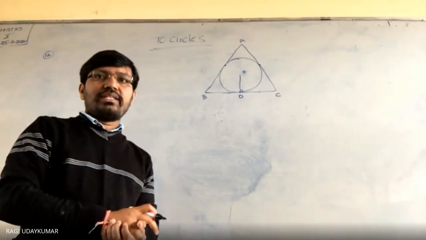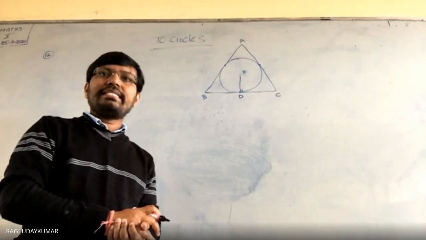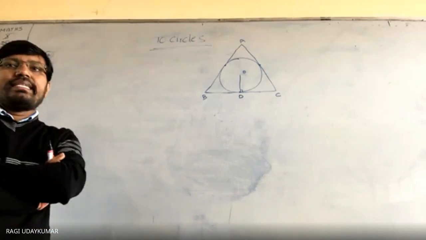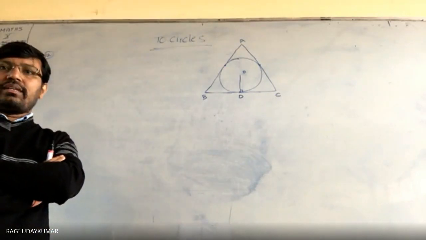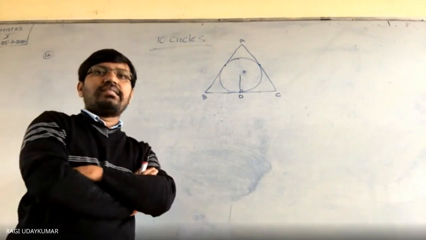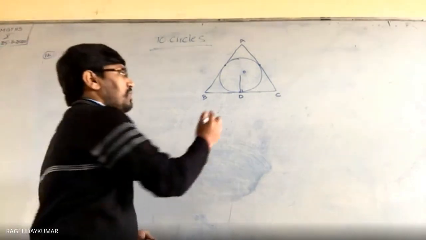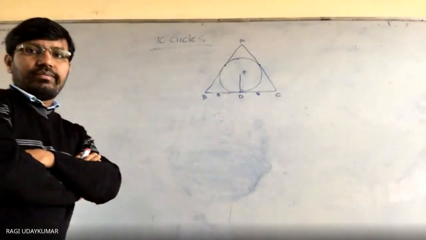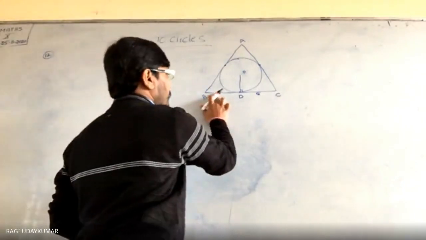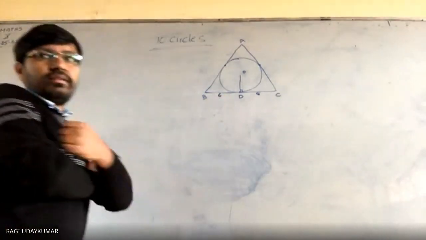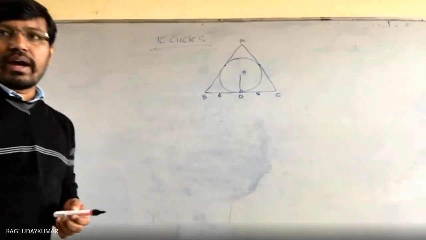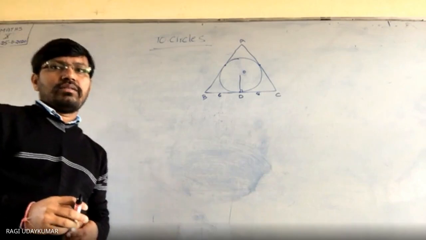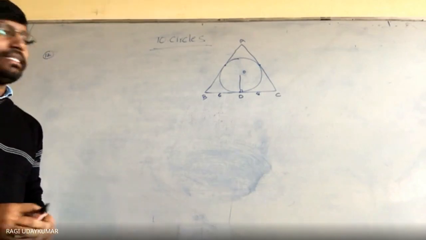And the question is such that the segments BD and DC, into which BC is divided by the point of contact D, are of lengths 8 centimeters and 6 centimeters respectively. Sorry, 8 and 6 centimeters. Now what is being asked? Find the lengths of the sides AB and AC.